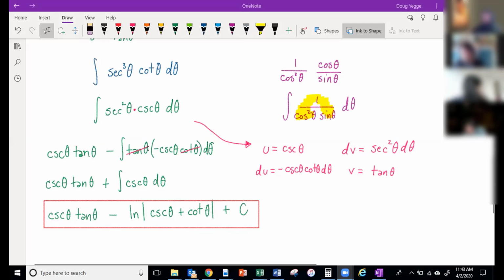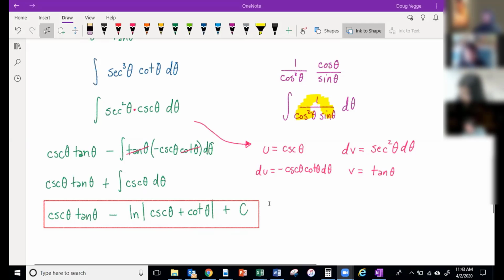So if I factor out this negative, then I'm left with the negative of the negative, which is positive, and now I'm just left with the integral of cosecant theta d theta. So integration by parts allowed me to reduce this integral to something that I knew how to integrate. So notice that the integral of cosecant theta is the negative natural log of the absolute value of cosecant theta plus cotangent theta.